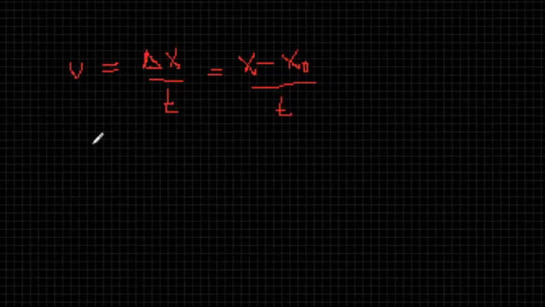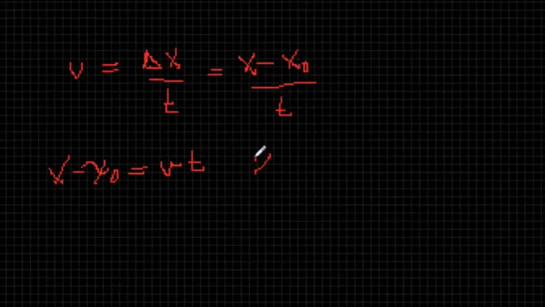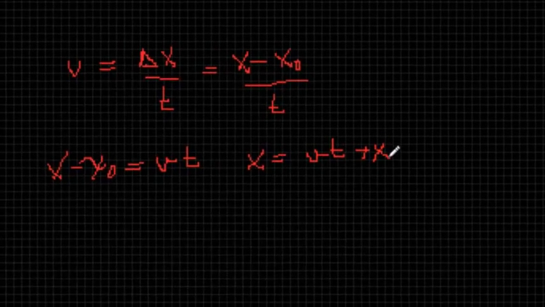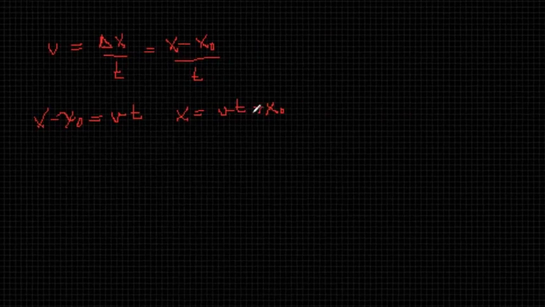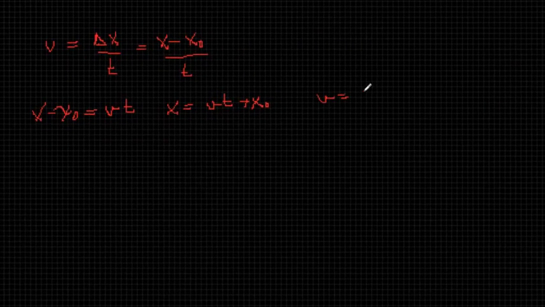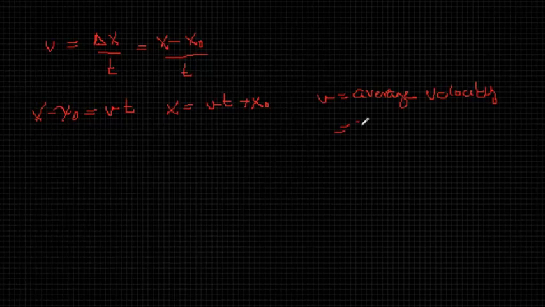Cross multiply, and you'd have x minus initial distance equals velocity times time, and x would equal velocity times time plus initial distance. V here is an average velocity, which is initial velocity plus final velocity divided by 2. That's average velocity.